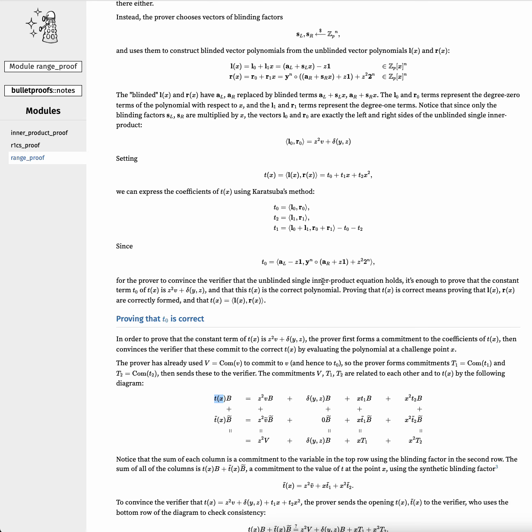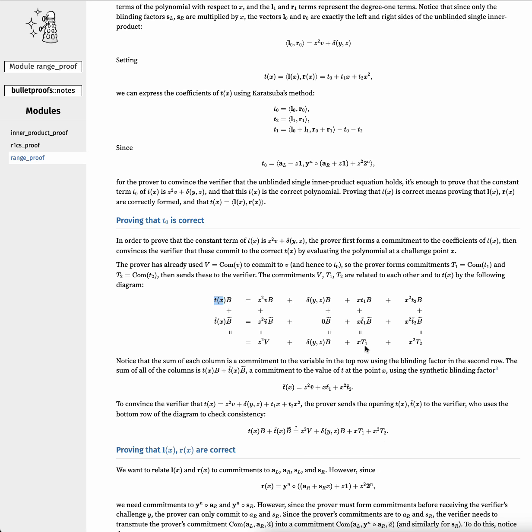as coefficients. And what we can do is that the prover has sent us a commitment to the coefficients, so it becomes very easy, T1 and T2. We can evaluate T at X by taking the constant coefficient which we're expecting. So this is the output of the circuit.